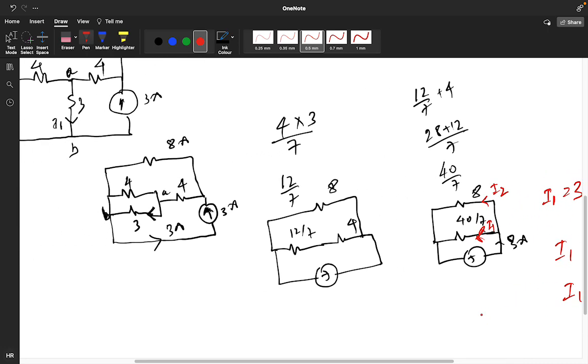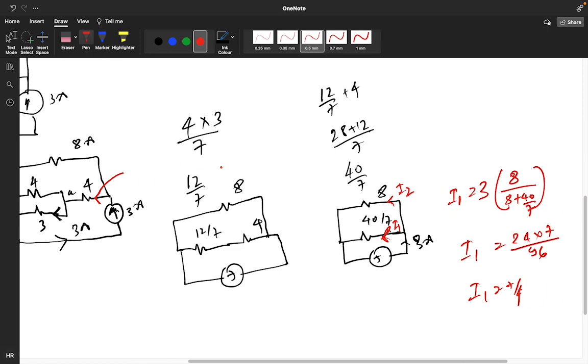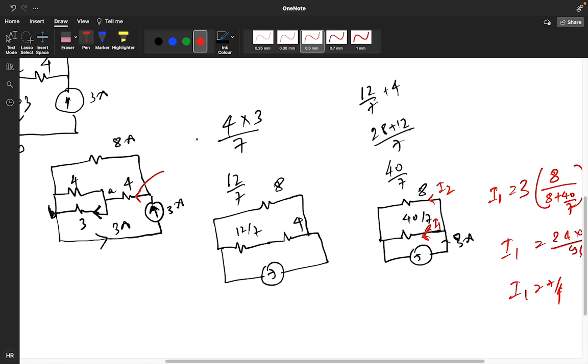Okay, but you need to find the current in this branch A and B. You got the current, that is 7 by 4. Now the 7 by 4 current is again splitting into two parts, suppose I dash and I double dash.